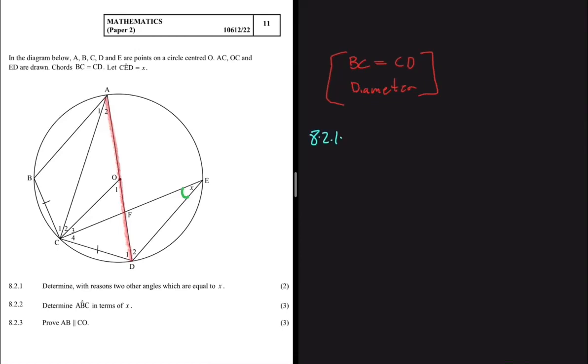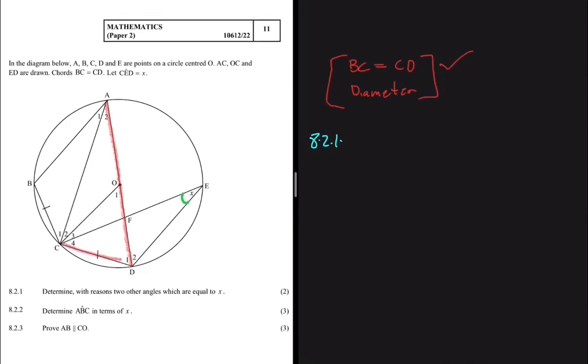So let's look at 8.2.1. 8.2.1 says determine with reasons two other angles which are equal to X. So we are told by the first keyword, right, that chord BC is equal to chord CD, and we know fully well that equal chords subtend equal angles, right? So if you can see here, you will realize that chord CD subtends X, right?